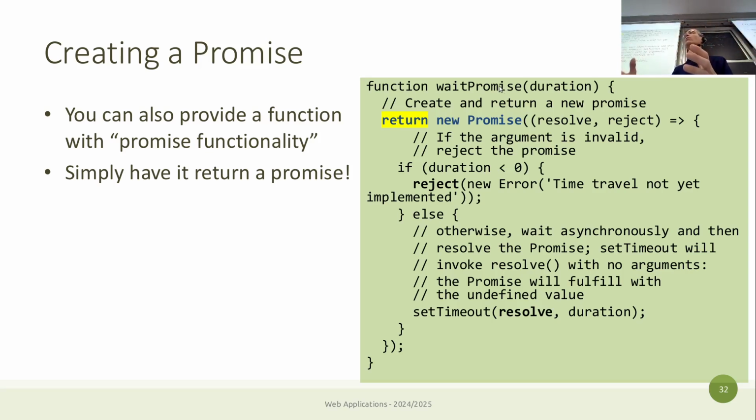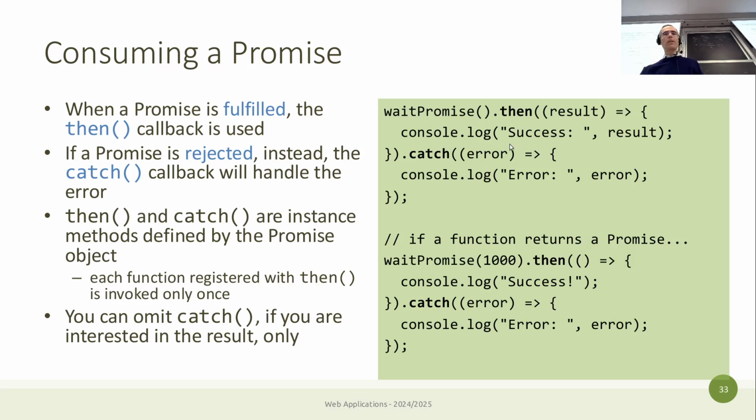And the promise will immediately reject if we pass a parameter less than 0, or it will call the resolve of the promise. So the promise will be solved after at least 1 second. Okay? So that's what we wrote.